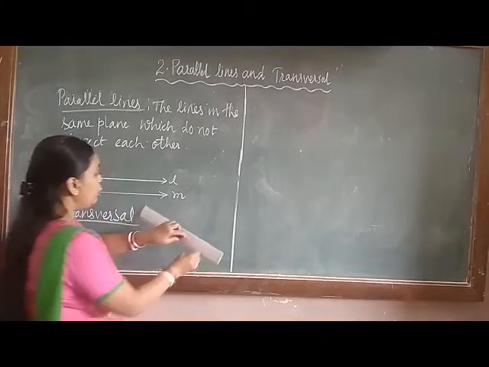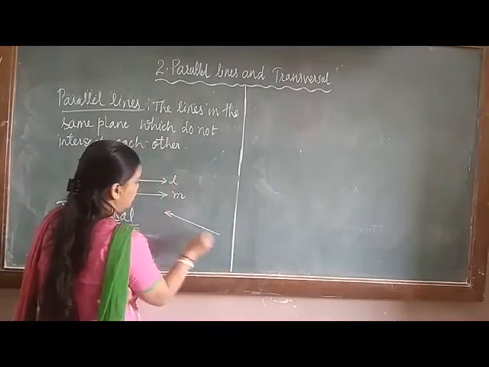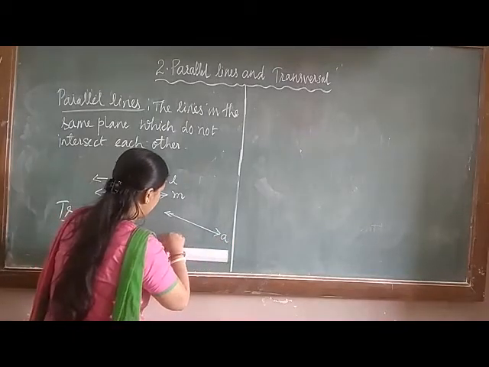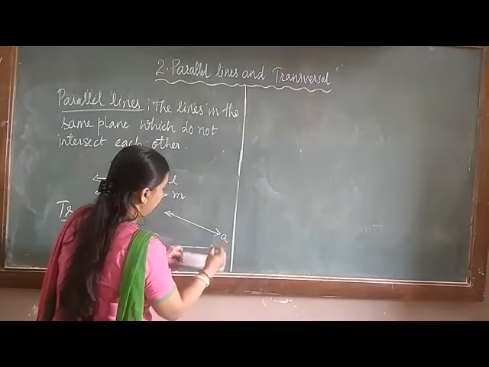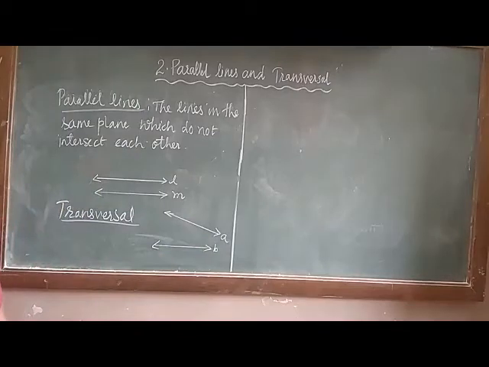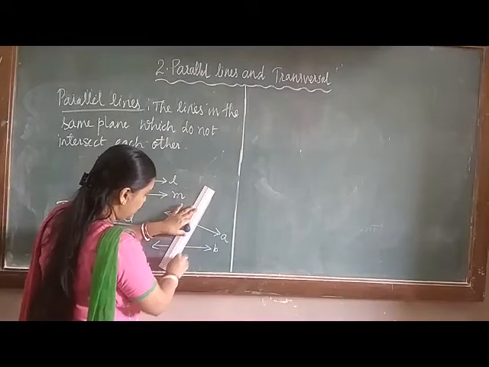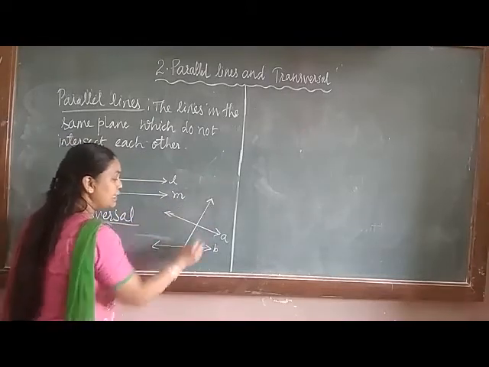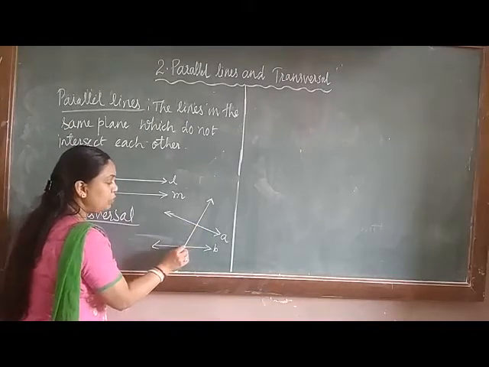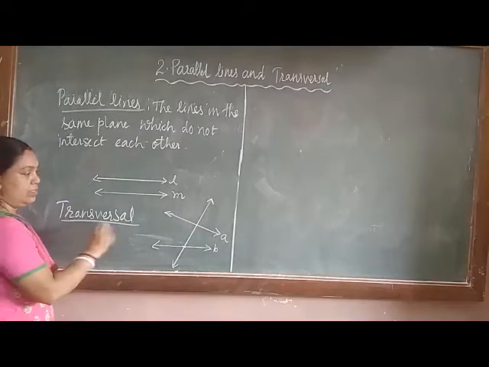When two given lines, let us name them A and B, are intersected by one common line which passes through these two lines and intersects them at two distinct points, it is known as a transversal.